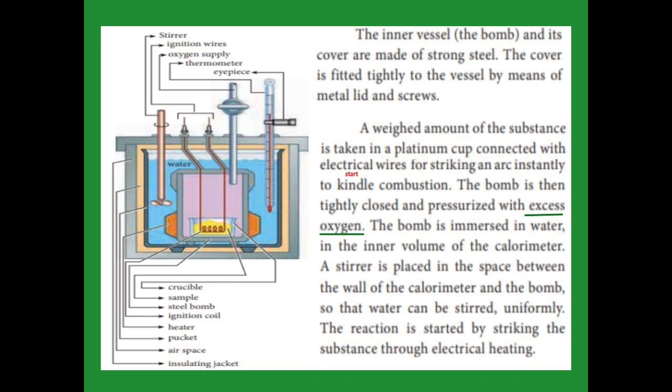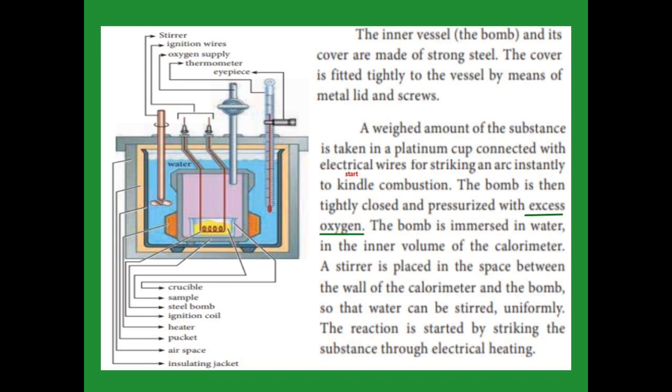Inside that water one vessel is kept, the rose colour vessel. That vessel is called the bomb, and it is closely tied with a metal lid and a screw is also placed. In that vessel one cup is placed. Inside the cup, the yellow colour is the substance.